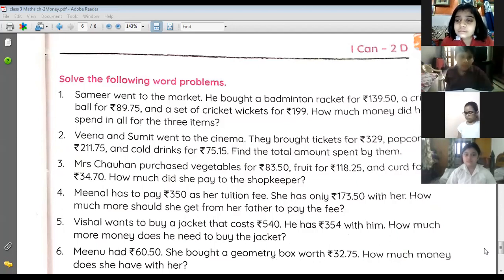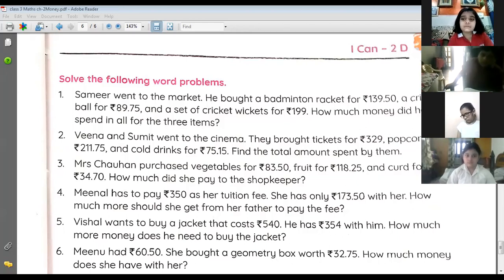So at the last, what can we write in the statement? Total money spent. Beta, your statement must be precise. Your statement must be simple. Okay. Is it clear, Shivansh? Yes, ma'am. Okay, beta, very good. So this is the way to write down the statements along with the solution.